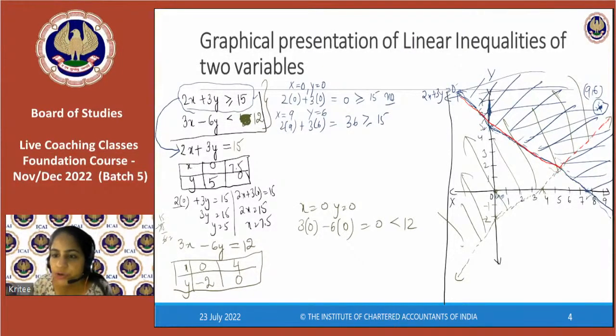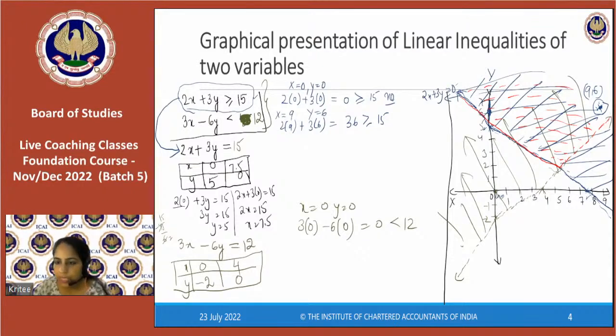So which is a common area? The common area is this, marked in red. This area is satisfying all the conditions of both the equations, right? So this common area will be my answer. That is how we solve linear inequality using graph.